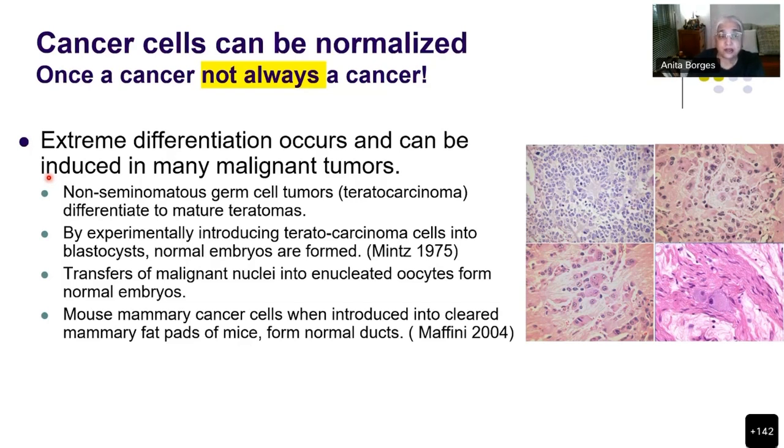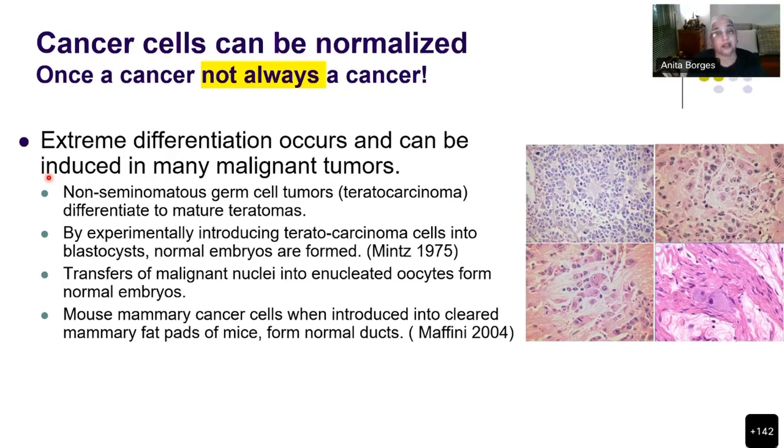Why does a high-grade non-seminomatous germ cell tumor, when it is treated, differentiate to a mature teratoma? It was an undifferentiated tumor showing an embryonal component or a yolk sac component or whatever. And then you treat these patients and they become mature teratomas.